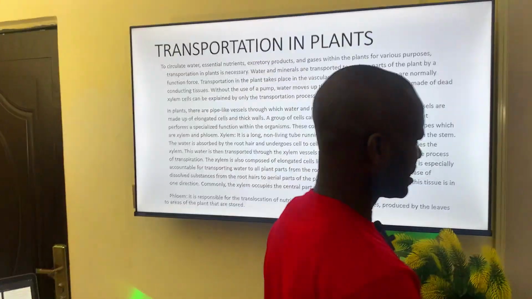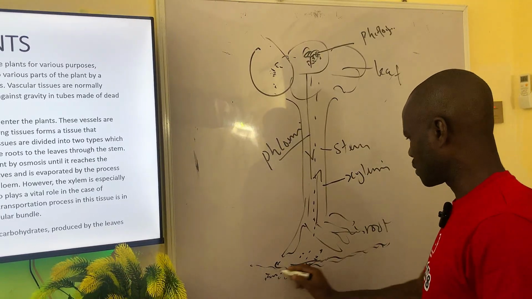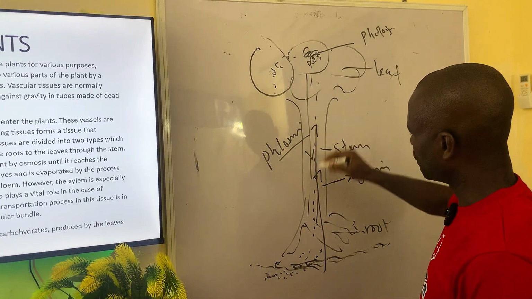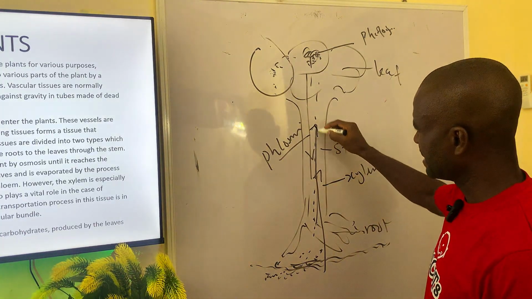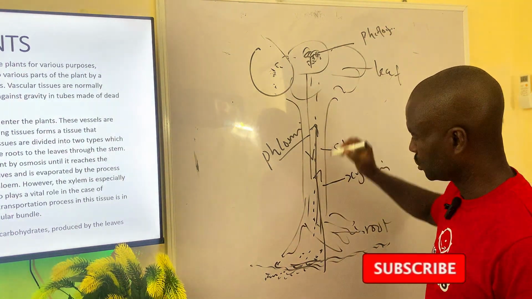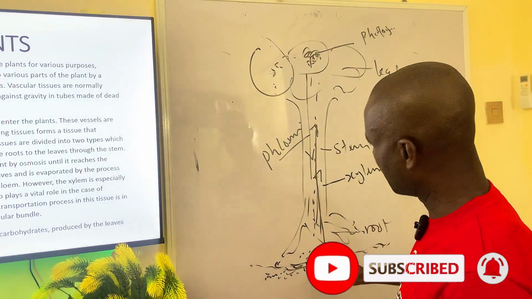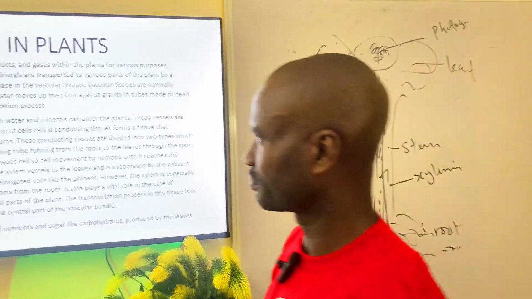What I mean is this: you have the water at the roots in the soil, but there must be a force that is responsible for conducting this water up. This is controlled by what we call the transpiration pull, and the water is conducted through the xylem. Just like I said, the xylem conducts water while the phloem conducts the manufactured food.